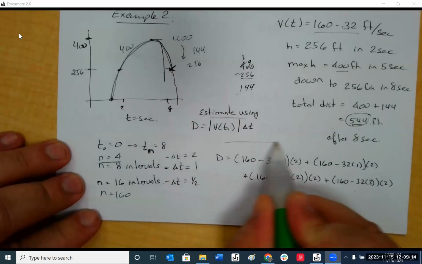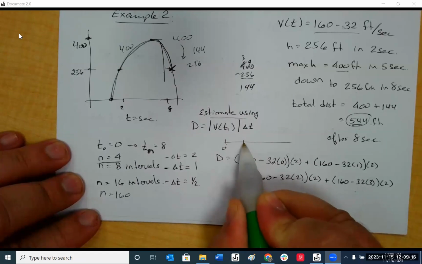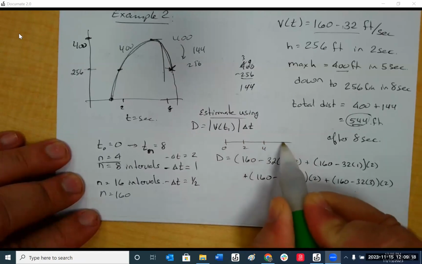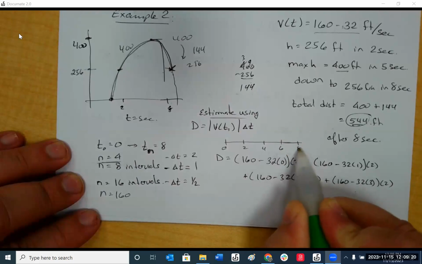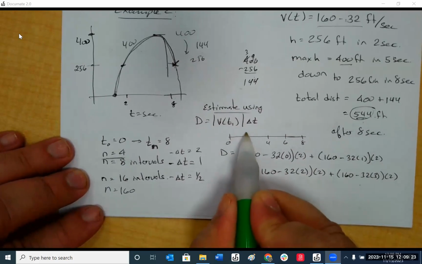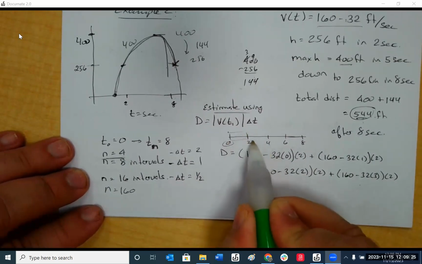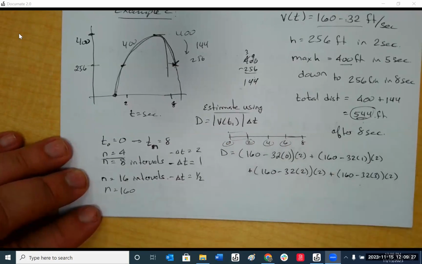Because here we're looking at the lower end. We're going at 0, 2, 4, 6, 8. And the lower end of each of these intervals is at 0, 2, 4, and 6.